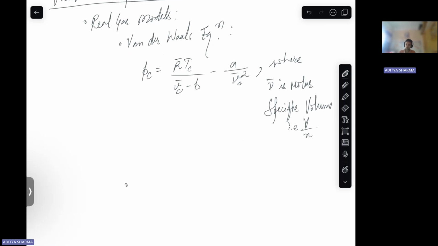Then also we have another real gas model, which is your Redlich-Kwong equation.